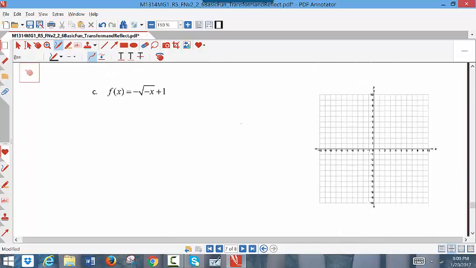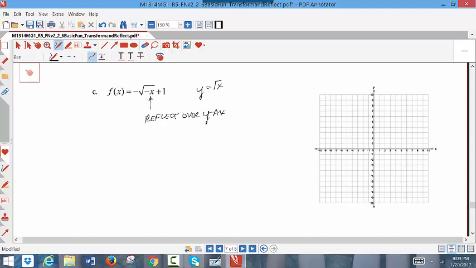And here's another one. Okay, this is like a double negative in here, so we've got to be pretty good at this one. Alright, so my parent function is y equals the square root of x. The first thing happening is the negative on the x. So if you replace x with negative x, and we don't do this one very much, but if you replace x with negative x, which is what has happened here, then this is a reflection over the y-axis.